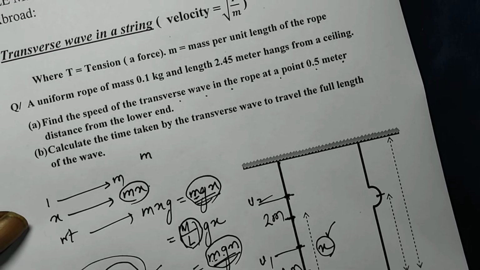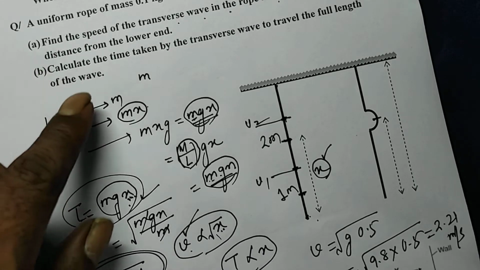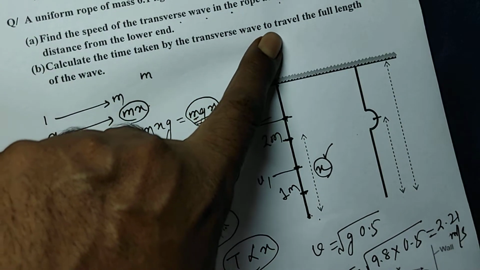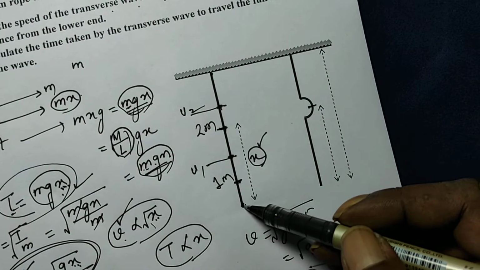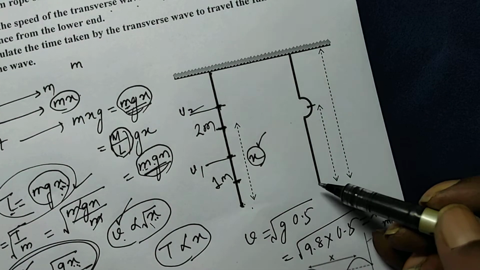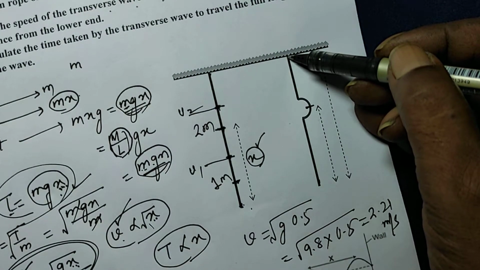Now in the second part of the question, it has asked to calculate the time taken by the transverse wave to travel the full length of the rope. Once the wave is generated here, to travel to this end, what time will it take?